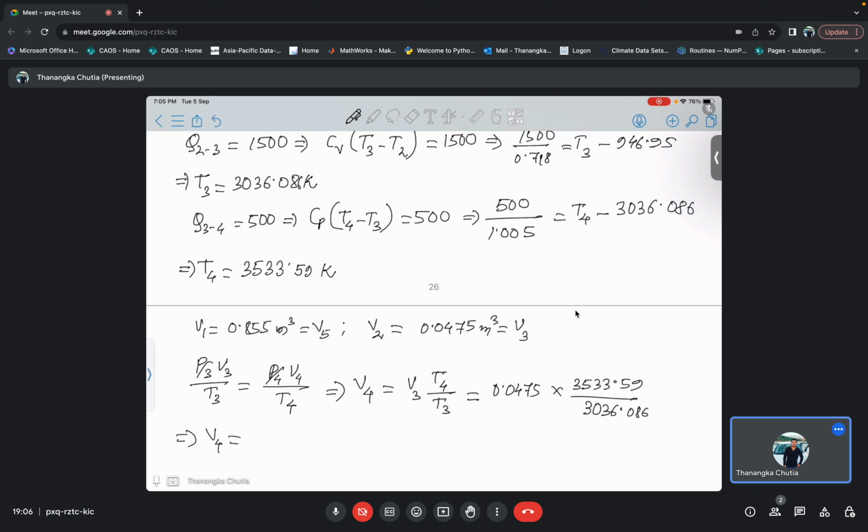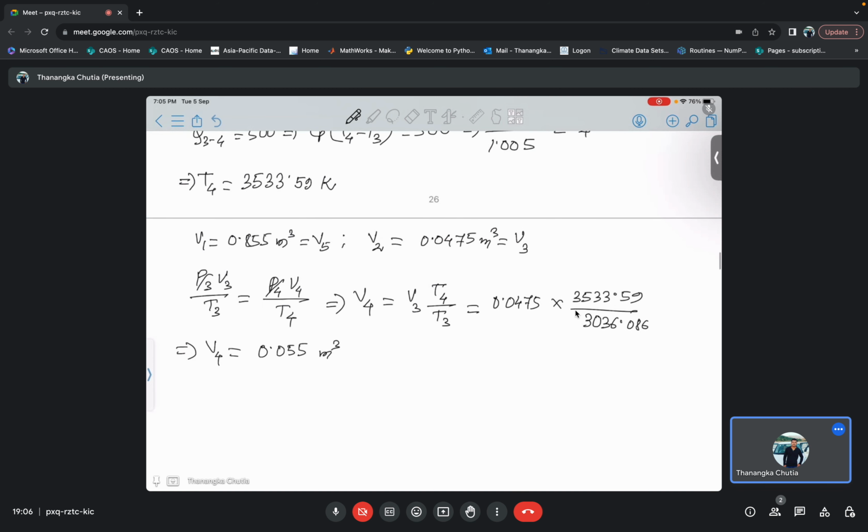Okay, so this will be your 0.055 meter cube. So now from here we can calculate your T5, yes or no?